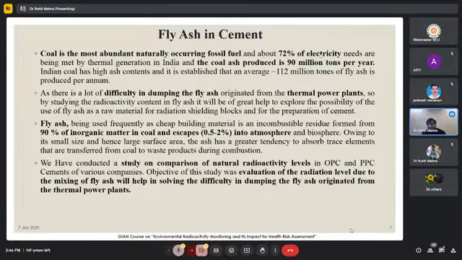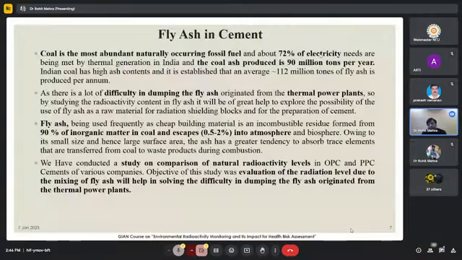So this was the positive aspect of the use of fly ash in the PPC cements. When we were discussing these parameters with our peer colleagues of the Department of Civil Engineering, there were no cons, all pros were there for the use of fly ash in the cement.